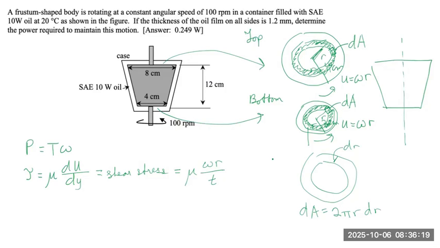Since the thickness of the gap between the object top and case is t, which is what t is, the velocity gradient will be omega r over t, assuming a linear velocity profile in the gap. And we can assume a linear velocity profile in the gap because it is a small gap.